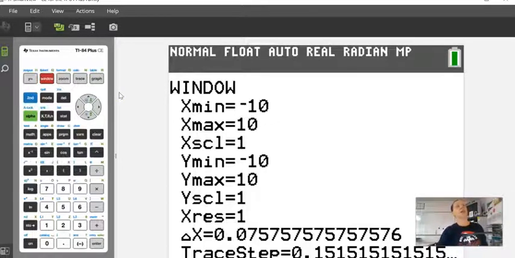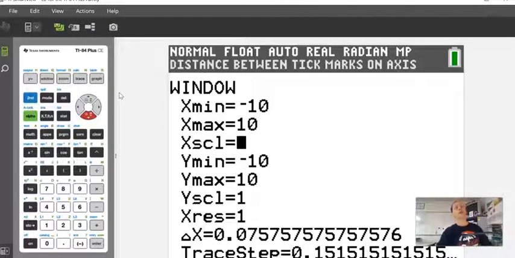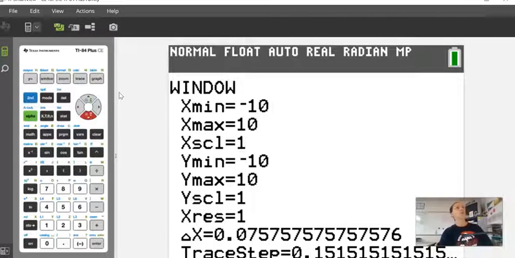The X minimum and maximum are fine. The scale, it's going by ones, that's fine. You could probably leave those alone. Your Y minimum, sure, leave it at -10. The Y maximum, the Y-axis is your up and down. I know I need to hit at least 200, plus it's going up, so I'm going to change that to probably 500, because I need this graph to show me a lot.